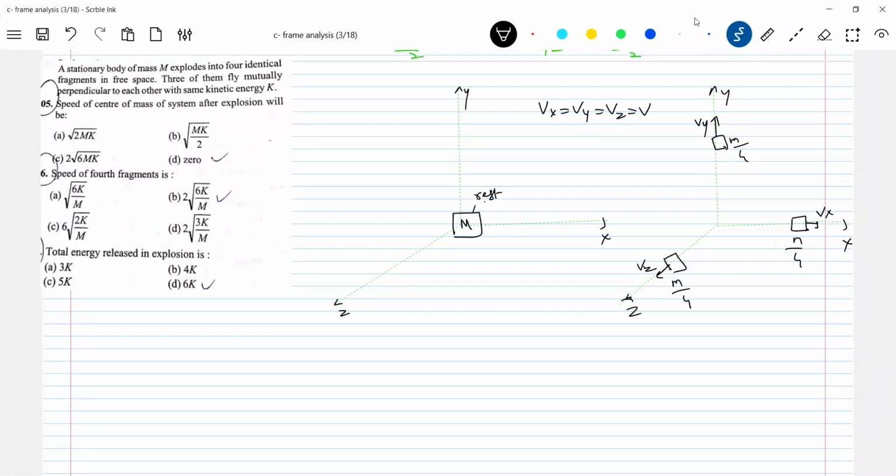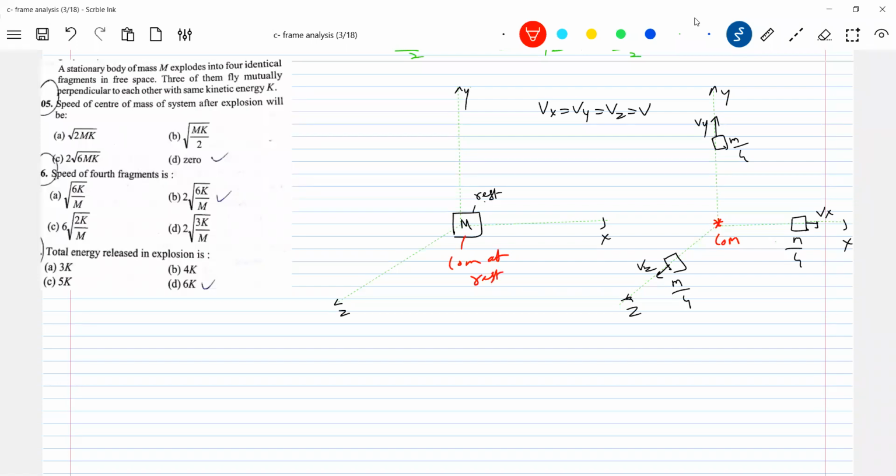And we know the center of mass will not accelerate due to internal forces. What is the state of the center of mass? At rest. So therefore, the center of mass of the system will still be there, though the fragments are moving. Because it was at rest, it will retain its inertia of rest.